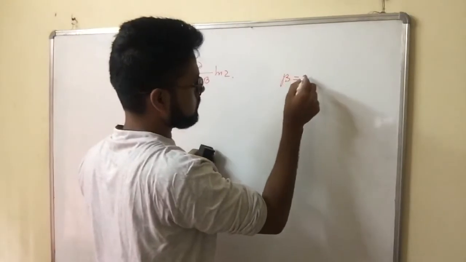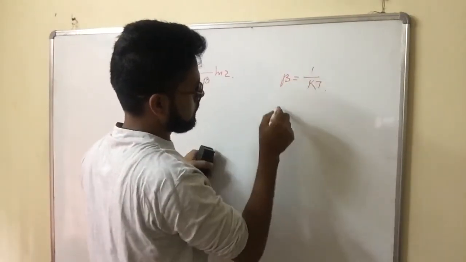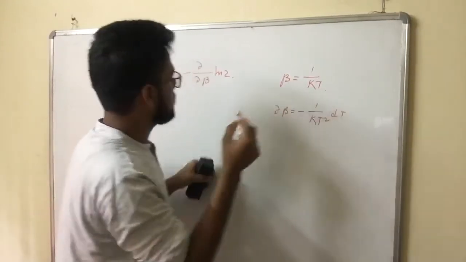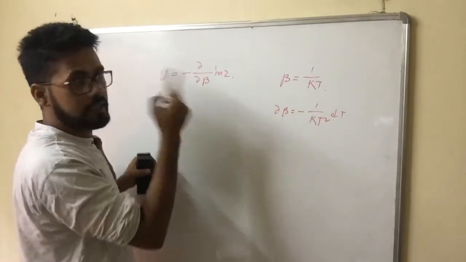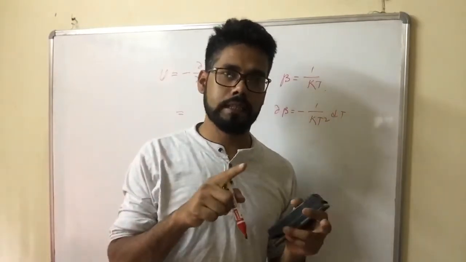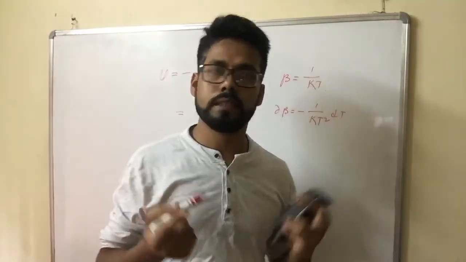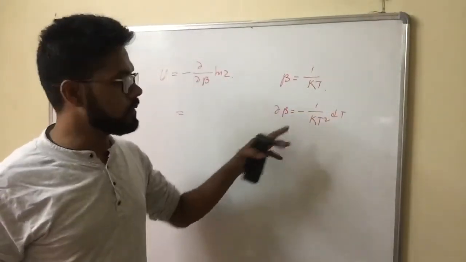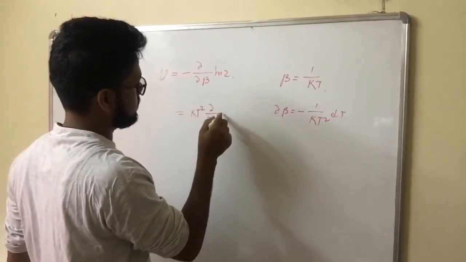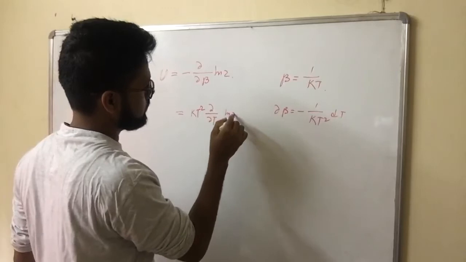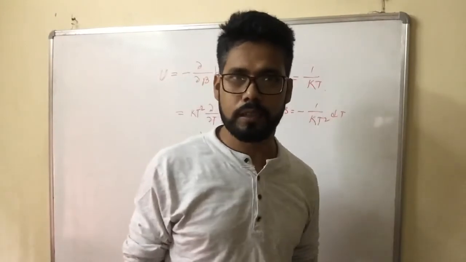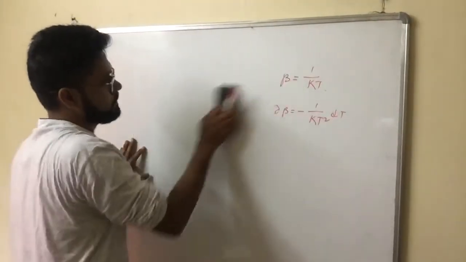Beta means 1 by kT. d beta means minus 1 by kT squared dT. If beta is not there, because the equation involves only temperature, you can replace it. Then it will be easy. But if you do not transform the equation, it will be kT squared d by dT of ln Z. You can do it in terms of temperature also. I am not going to do the calculation because it is simple. I don't want to waste my time.